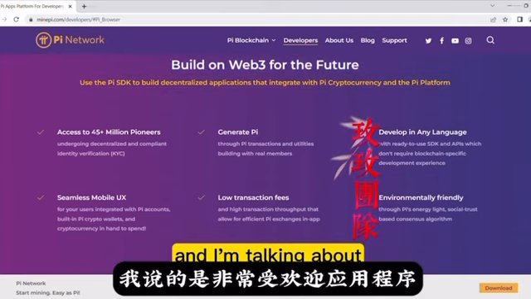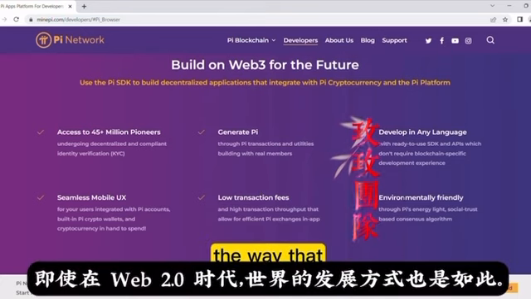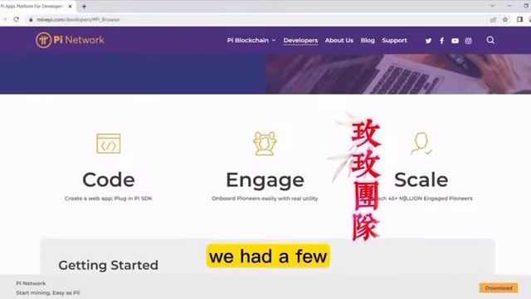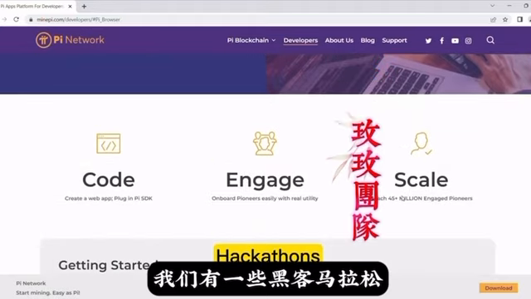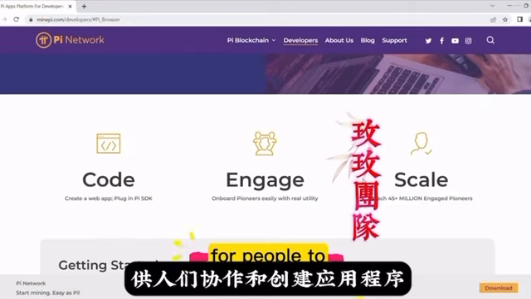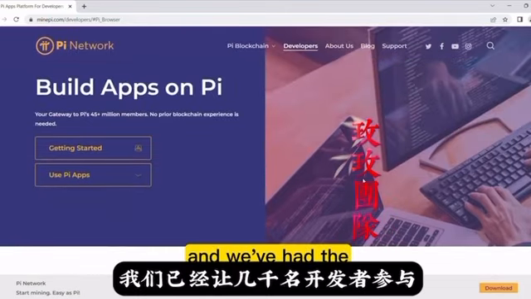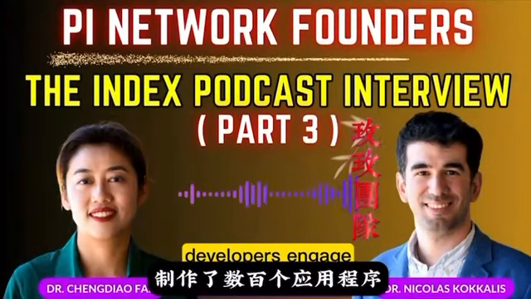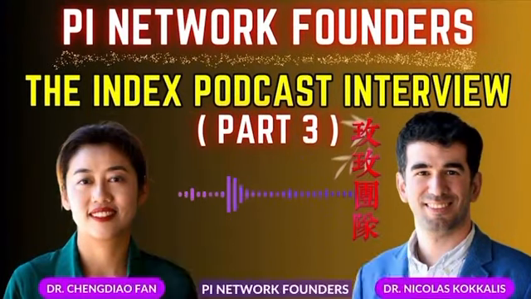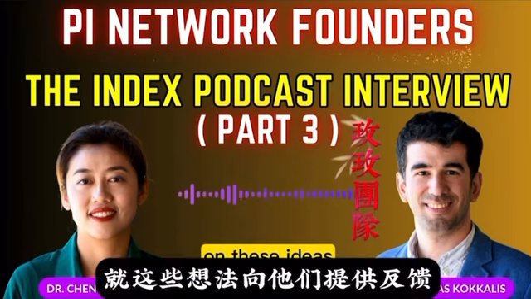I'm talking about applications that are very popular even in Web 2, the way that the world has been working until now. We had a couple of hackathons, and we have some programs inside Pi for people to collaborate and create apps. We've had a few thousand developers engaged, producing hundreds of apps and tens of thousands of pioneers giving them feedback on these ideas.